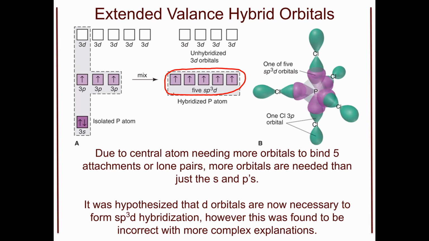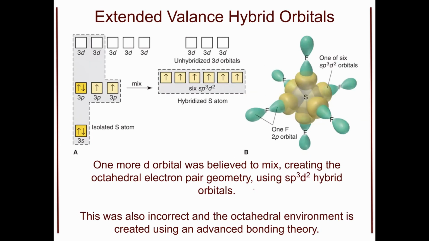So you're going to run into many different problem types in which they will say sp3d hybridization, 4 and 5 attachment species, but that is actually not going to be consistent when you get to higher chemistries. This is also true for the 6 attachment species of the octahedral molecular geometry.